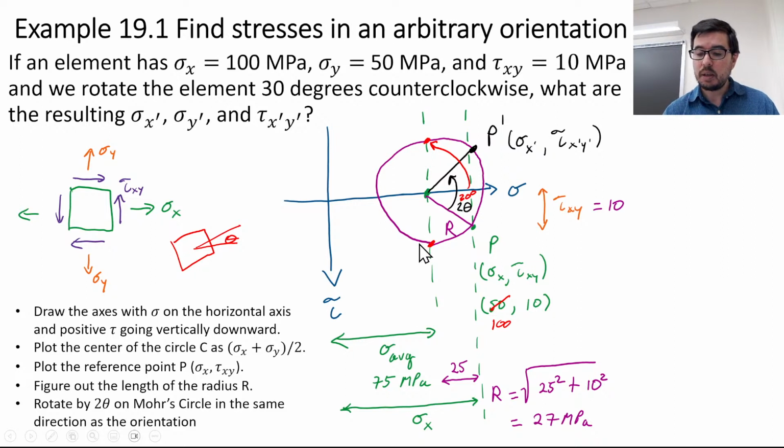No, I think I did that. I said 45, so it should be 40. I must have done the math wrong here, but the point is, before we said we had this angle from there to there, this was 60 degrees.